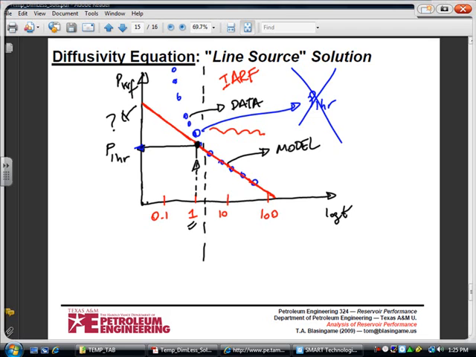So always read from the model, not the data. So the MSL gives you the permeability value, and the P1 hour, the intercept, gives you the skin factor.